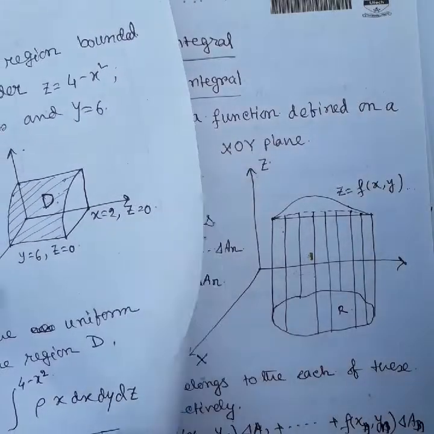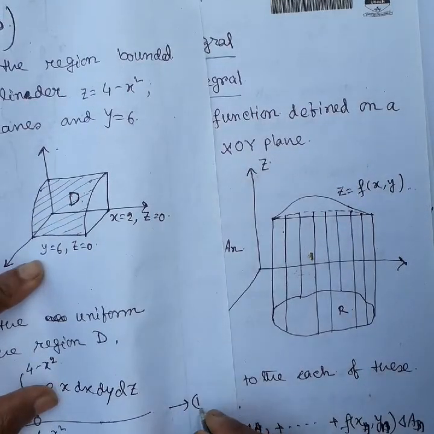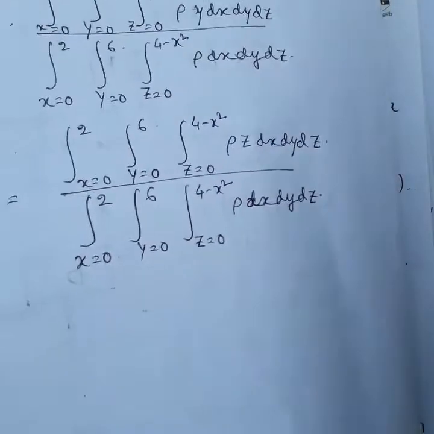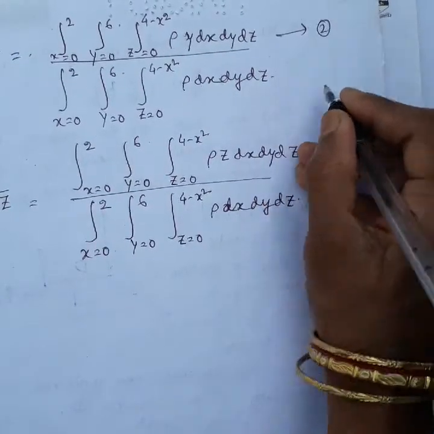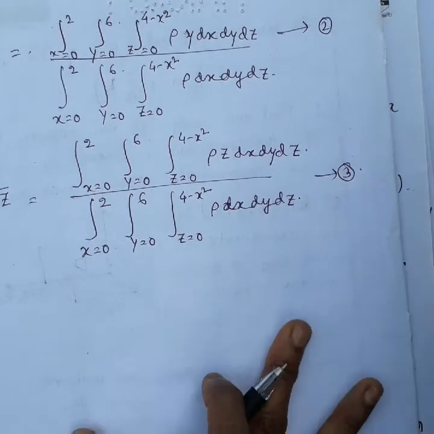Okay, so this is equation number 1, this is 2, and this is 3.